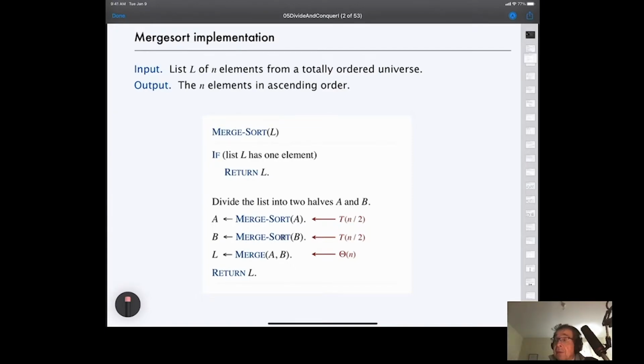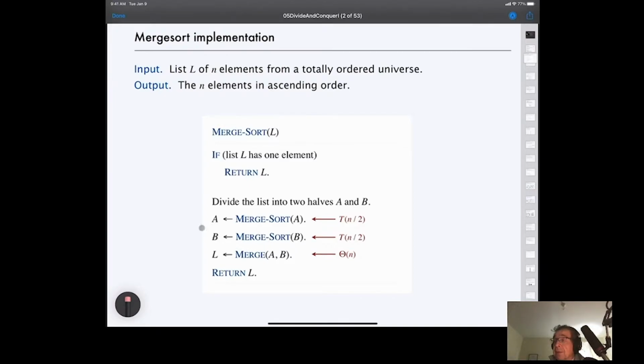And when we finally get to a point where we get an answer from merge sort A and an answer from merge sort in this second line, then we simply merge those two results into a longer list L, and we return L. By the way, remember that we are always using the same name A to store the sorted version of the same subproblem.